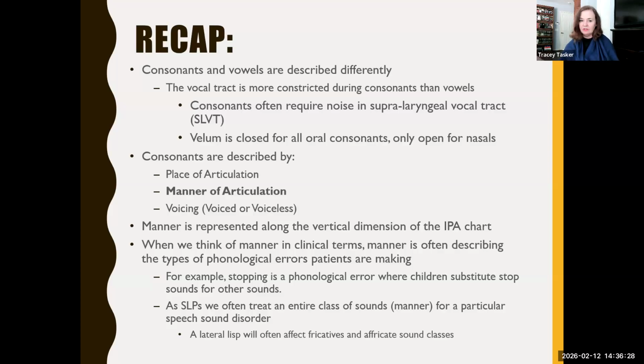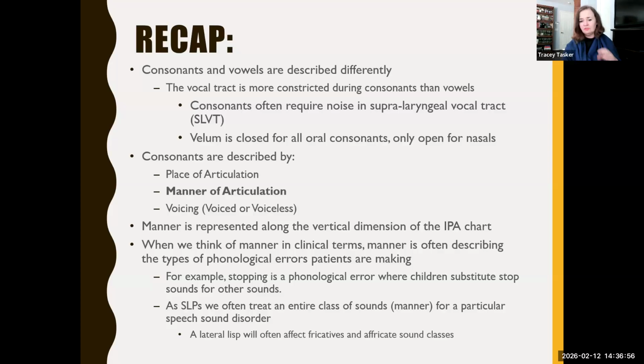It's not a place chart and a manner chart. It's all in one place. But it's helpful just to see how you're going to be coming across these terms again. So you'll hear about stopping. So when we talk about stops today, just remember that that is a manner in the chart, but stopping is itself an error that children make.